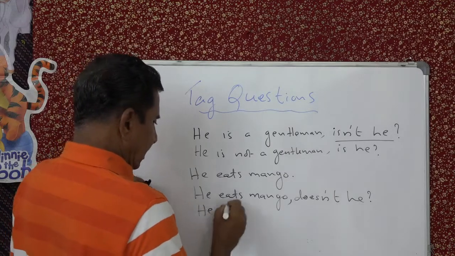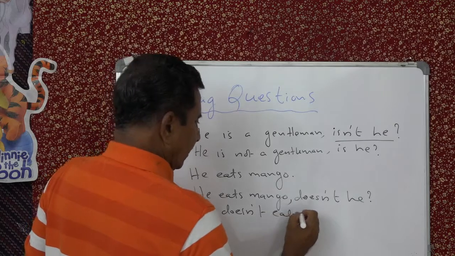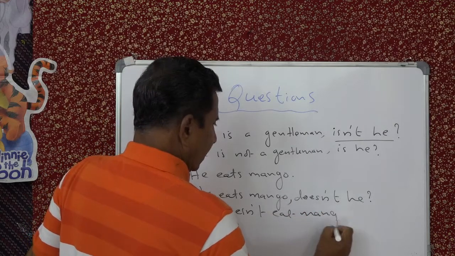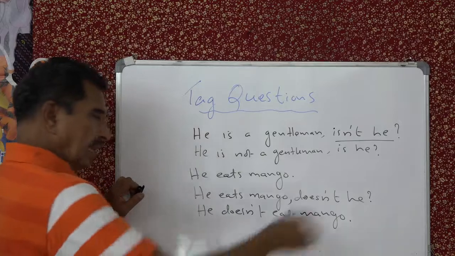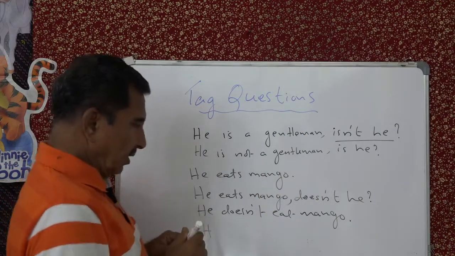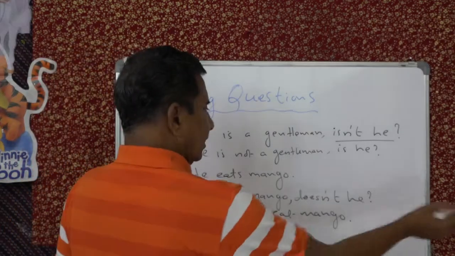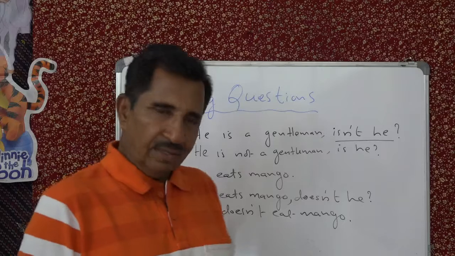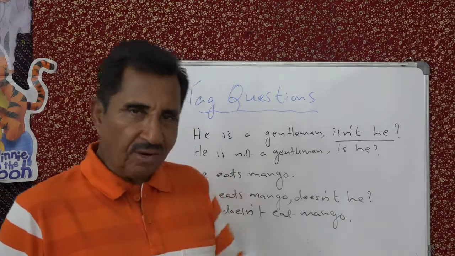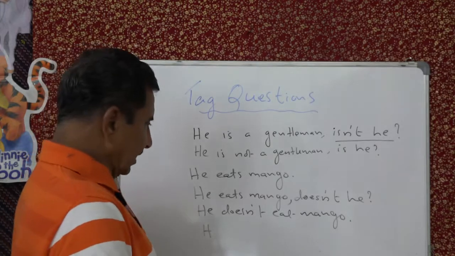Suppose you get another question. He doesn't eat mango. Then what have you to do? Rewrite the sentence, the whole sentence. You have to write the whole. Don't just write like a telegram, with only isn't he or doesn't he at the end. Don't do that. If you want to get full marks, you have to rewrite the sentence.